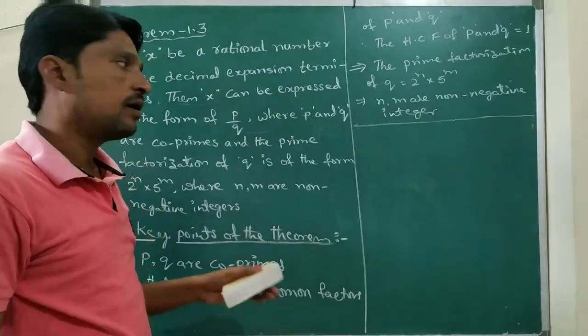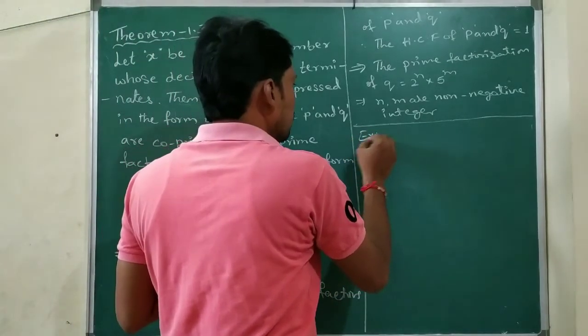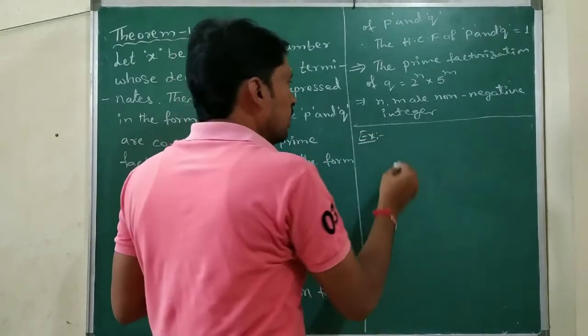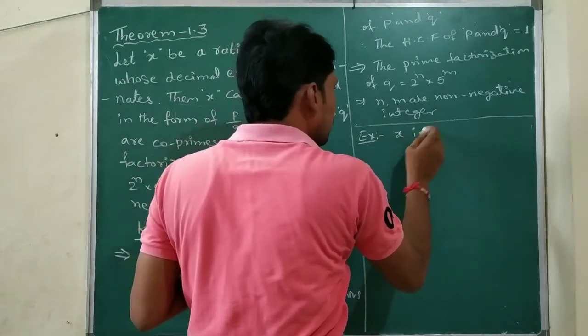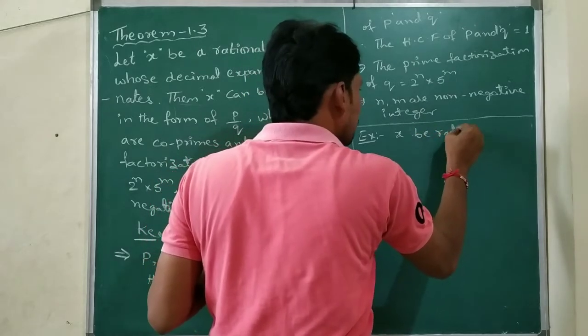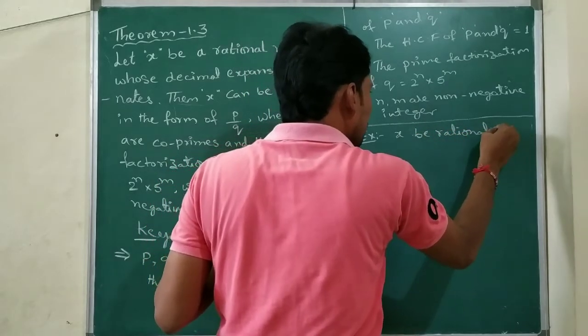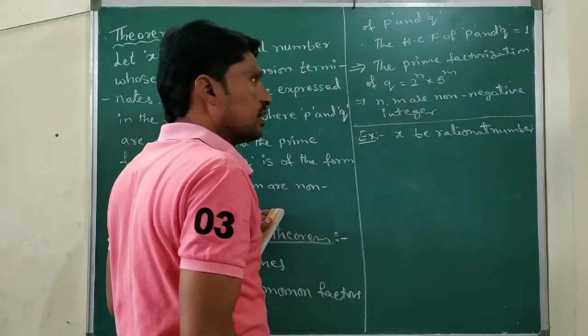Let us discuss one example problem. Here x is a rational number.